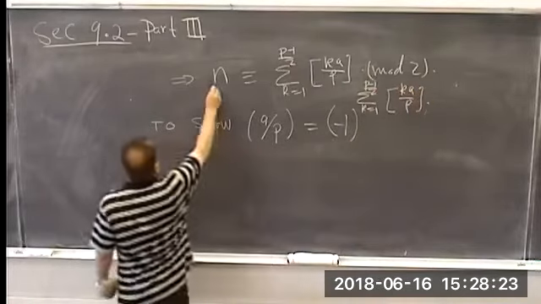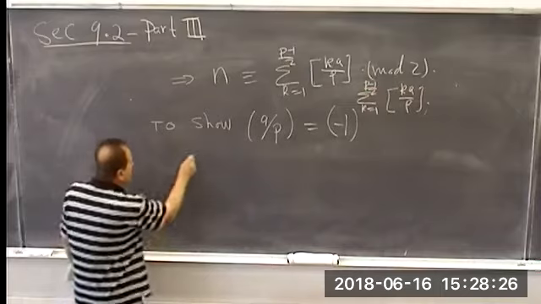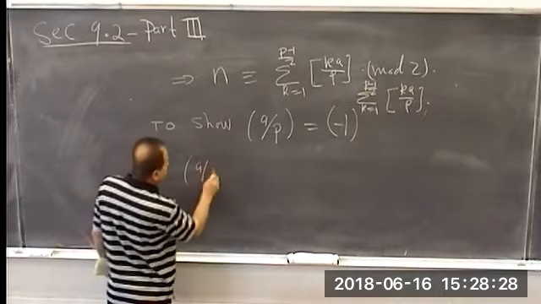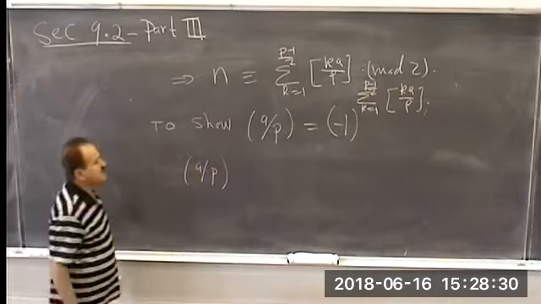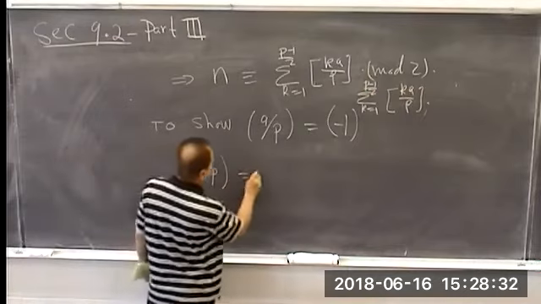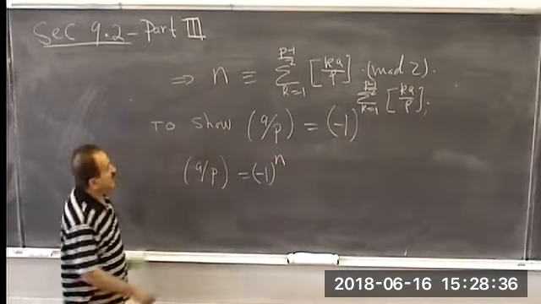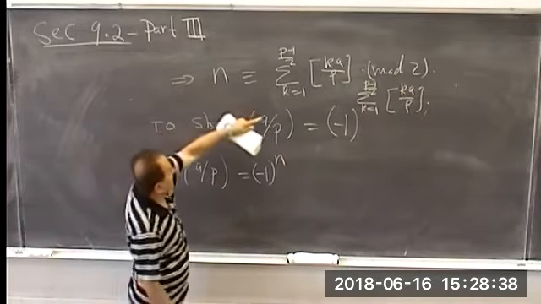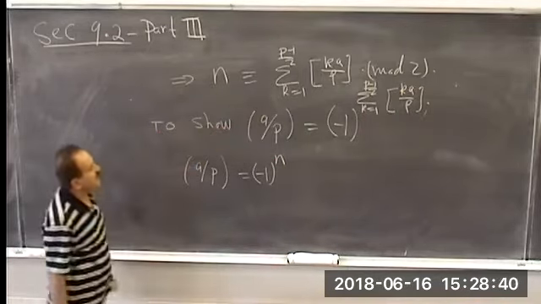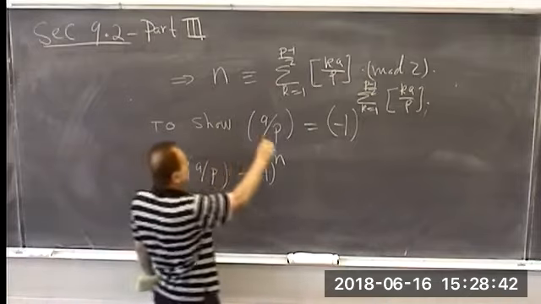To do this, remember that we have (a over p) like this. This is equal to negative 1 to the N. But in here, the N is not an equality. It's actually a congruence. It satisfies a congruence relation.